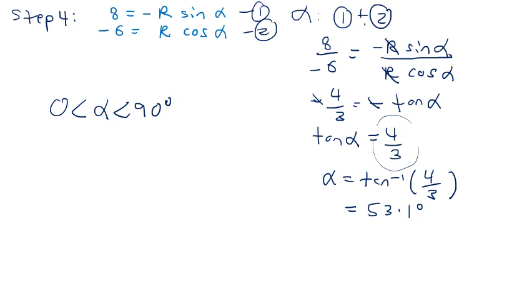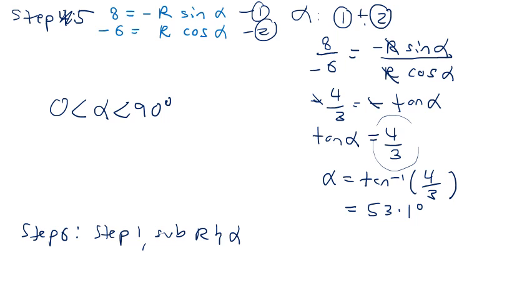So after we got the value of alpha, then we can proceed to step number, I think it's number 6. So this one should be 5. So last one, step 6. So step 6 is actually step 1 with substitute of value of r and alpha that you already got.